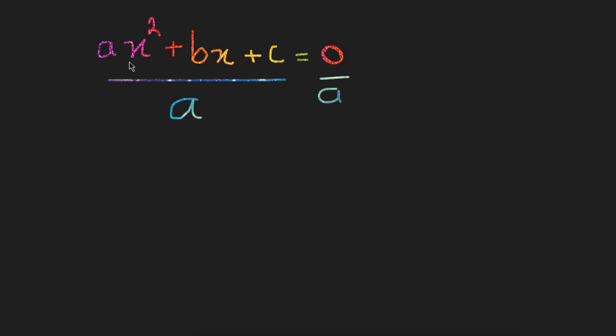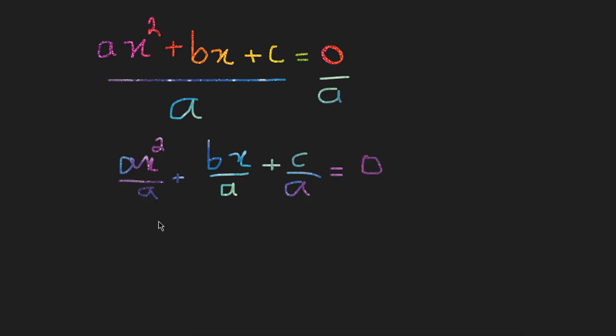Now this a will be in division with all of the terms, so it will be ax squared over a, then bx over a, and then plus c over a equals 0.